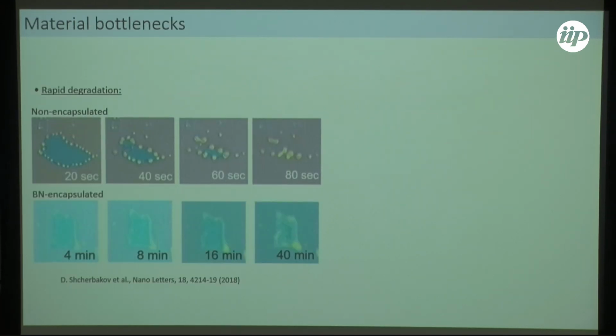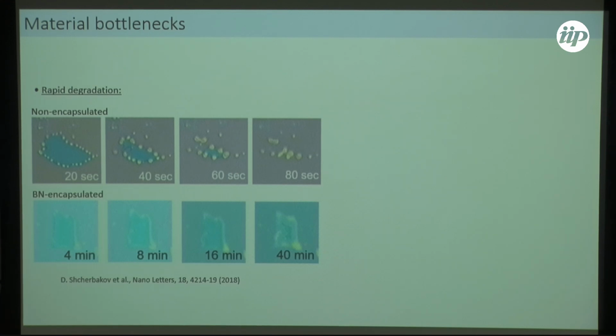And maybe Roland missed this part. There are so many bottlenecks with this material system. Almost all these 2D magnets which have been shown to you until now are extremely degrading. For instance, black phosphorus has a very bad reputation in terms of degradation, but based on my experience, you cannot even compare it with chromium iodide.